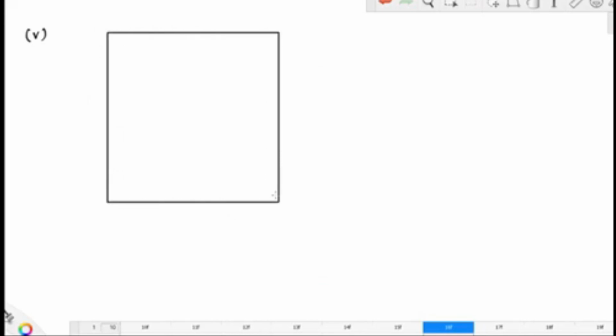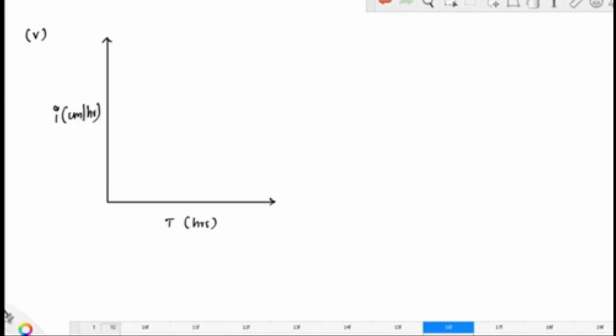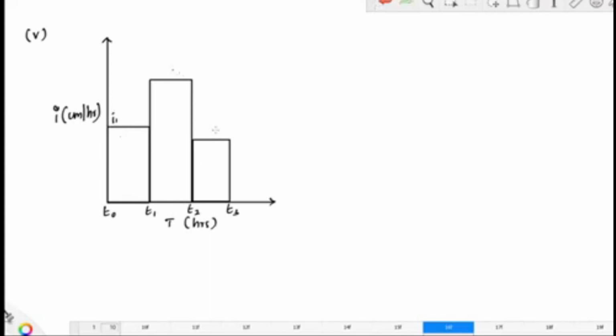Suppose hydrograph data is given, intensity versus time, with intensities I1, I2, I3.